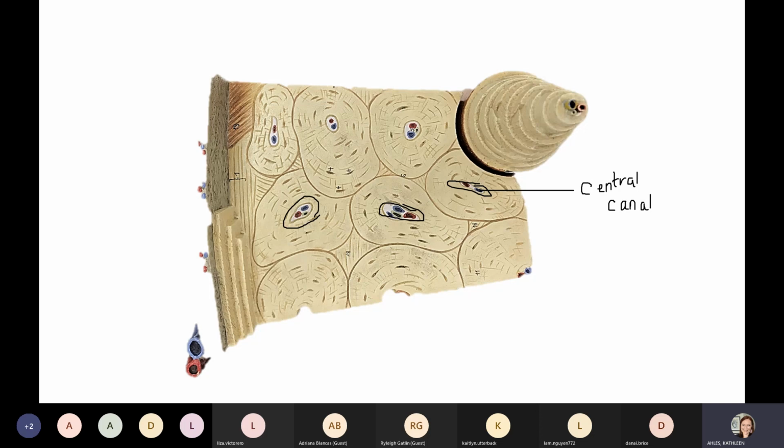Around those central canals, we can see the little brown things. So see these little light brown spots that I see in these places? These light brown spots that we see in these places, these are those homes for the osteocytes. I know it's not an English word, but do we remember what the name of the home was? Or those small black spots that we saw on compact bone?